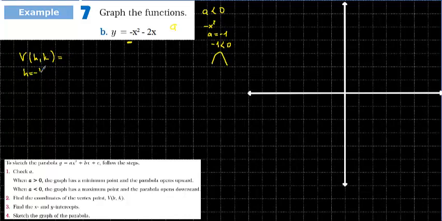Here minus b is equal to minus 2, over 2 times minus 1, which is minus 2 over minus 2, equal to 1, and we have minus, so it's going to be equal to minus 1.